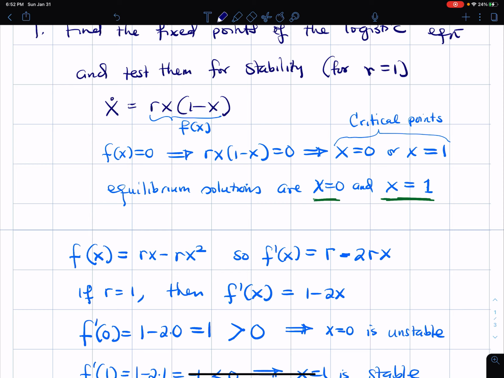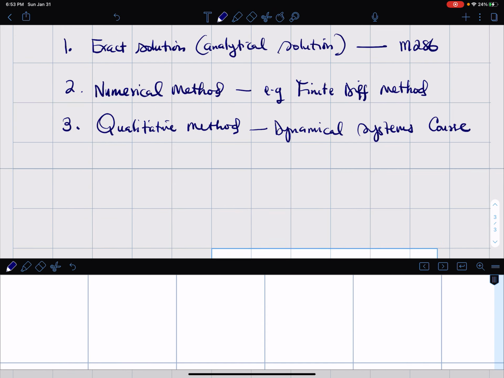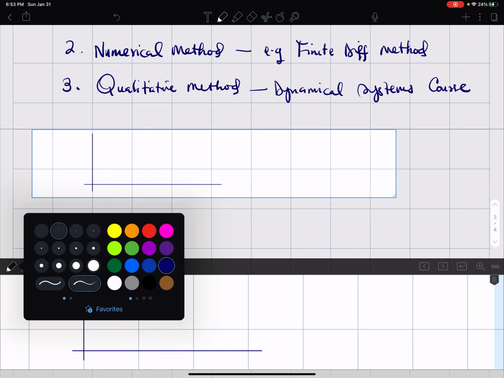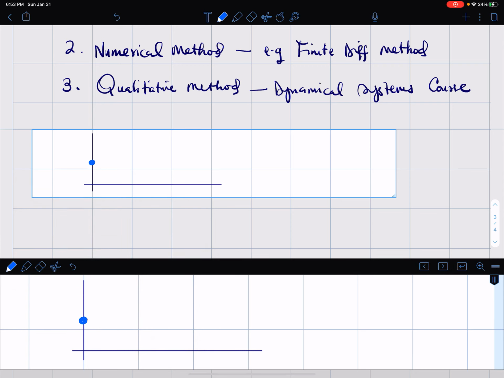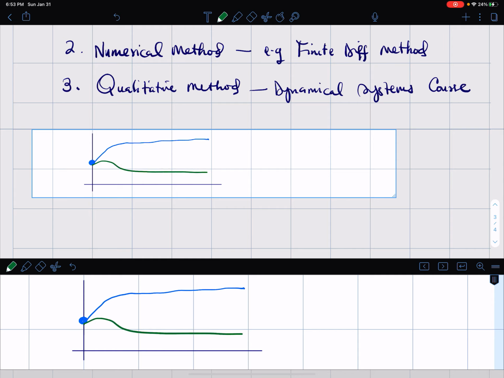In each method, it helps to know when a solution exists and when the solution is unique, because there could be more than one solution. Let's say you have your differential equation and your initial condition over here, and you have a solution that goes like this, and you think, oh, this is the only solution, but then there is another solution that goes like this. Which one do you go with?